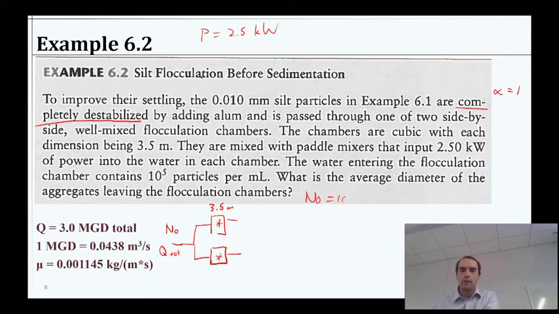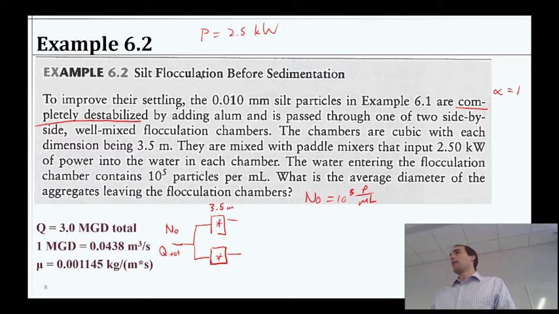So N naught is 10 to the 5 particles per milliliter.